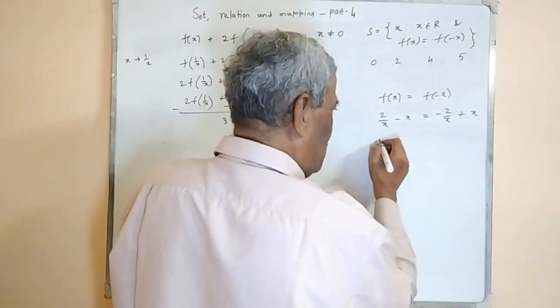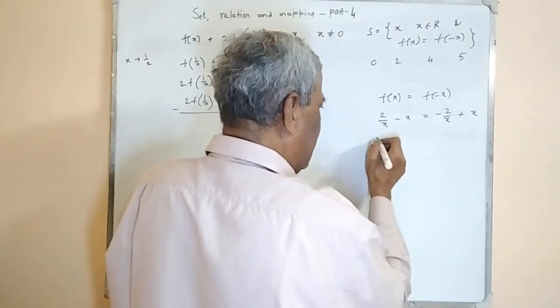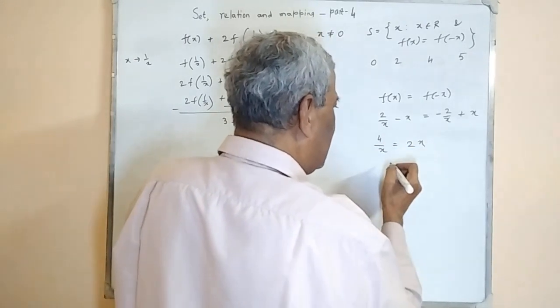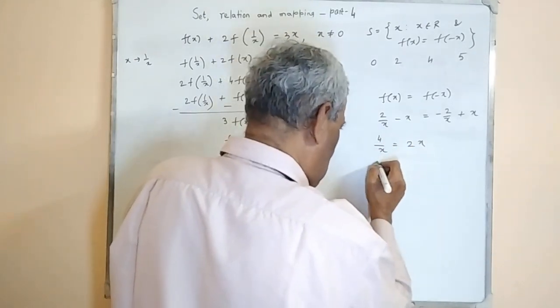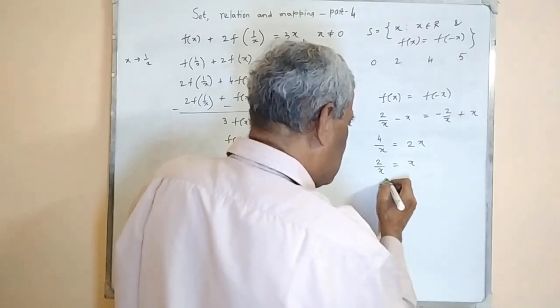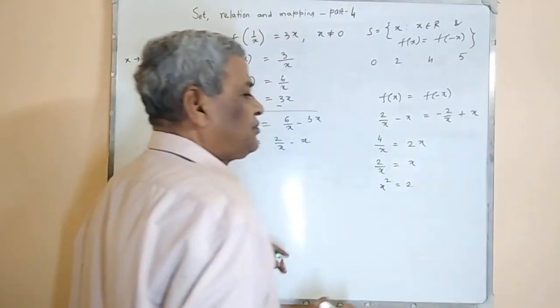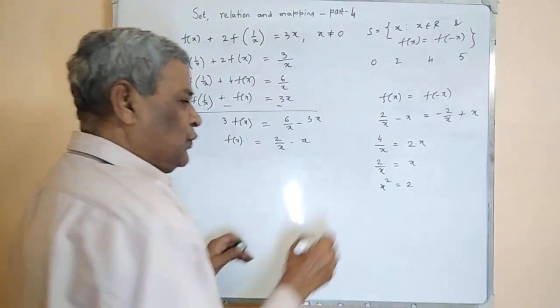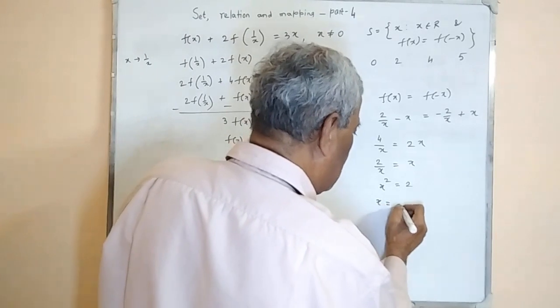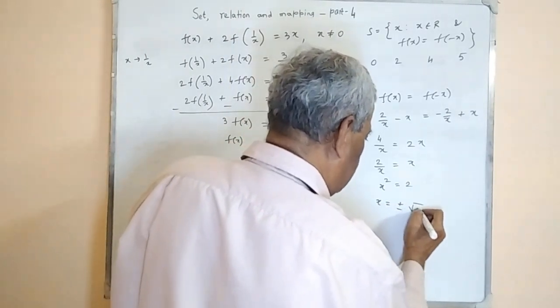So taking this into that side, 4 by x is equal to 2x, that is 2 by x is equal to x, that is x squared is equal to 2. So x can be solved from there, x is equal to plus minus root 2.